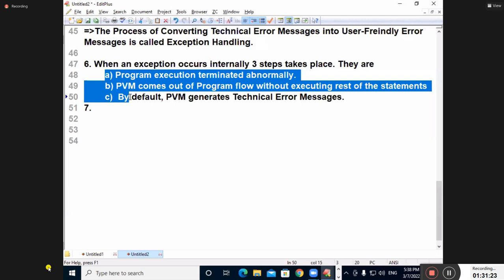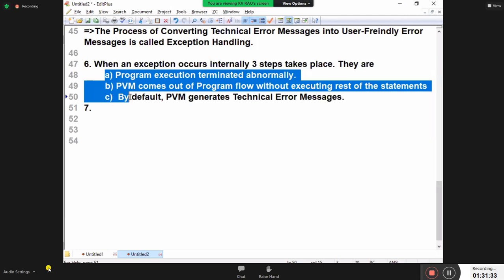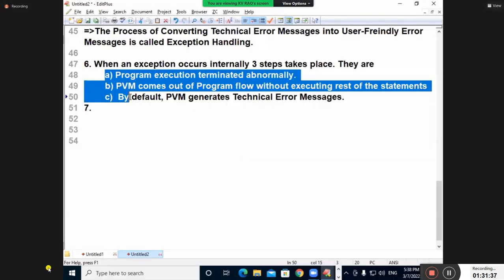To terminate the program execution abnormally, something is required. To make the PVM come out of the program execution without executing the rest of the statements, some object is required. Because when PVM wants to do anything, an object is required for that.